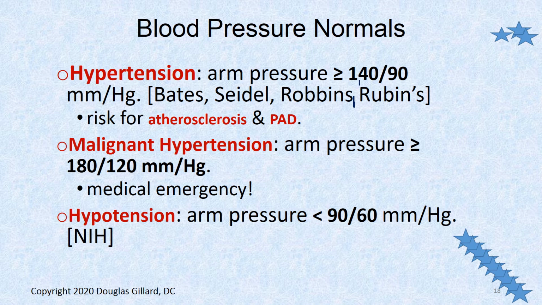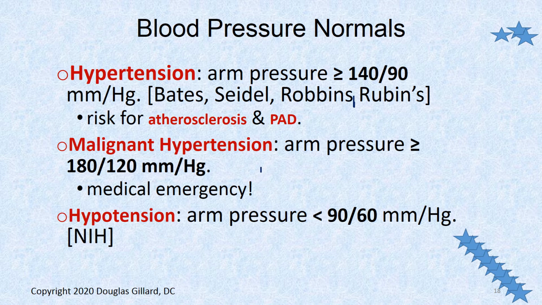If they have a blood pressure of 140 over 88, they have hypertension. And then there's diastolic hypertension and systolic hypertension that we'll get to later on down the road. Hypertension is a risk for atherosclerosis development, and we'll get to that down the road, and peripheral artery disease.